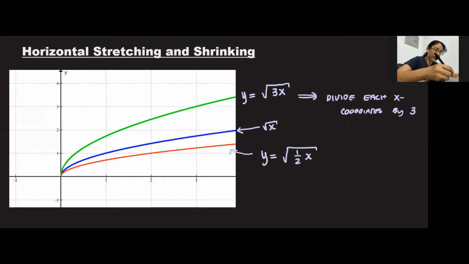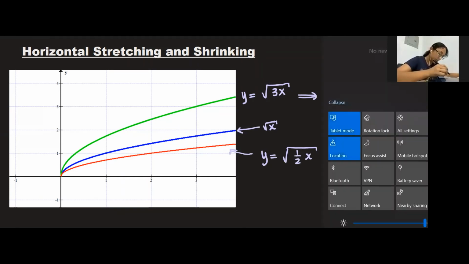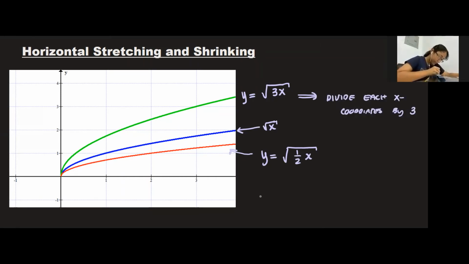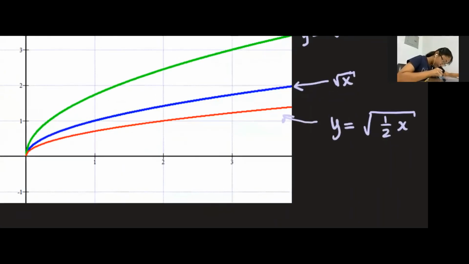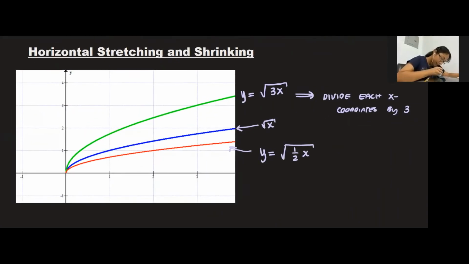Or you can think of it as multiplying by 1/3. So take a look at this point. We know (1, 1) is on the blue graph. And if I want to obtain the green graph, I would multiply the x coordinate, which is 1, by 1/3. So that will end up right here.